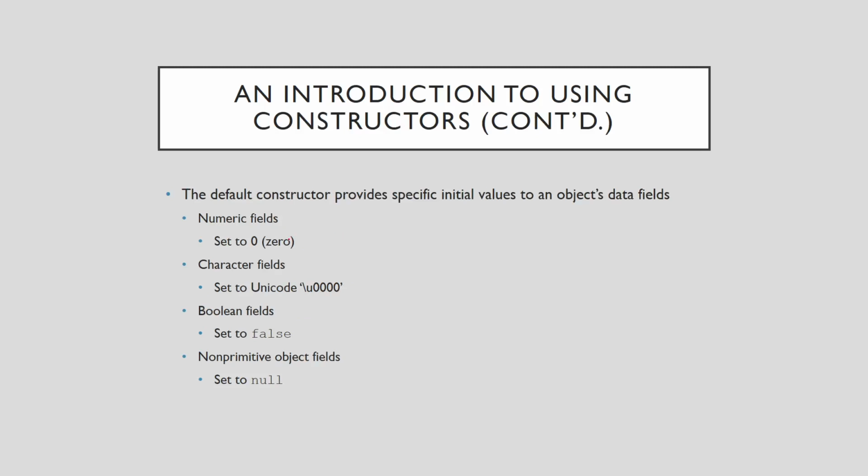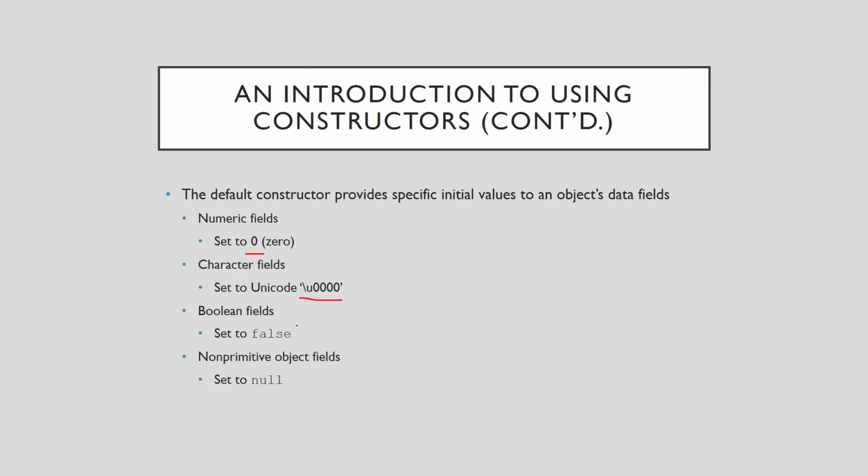Now, as I've said, constructors will be used to set the data fields for the class members. Initially, the default constructors will be used for setting the default values. For example, for the numeric values, 0 will be used as a default value. For the character, we have the Unicode character.